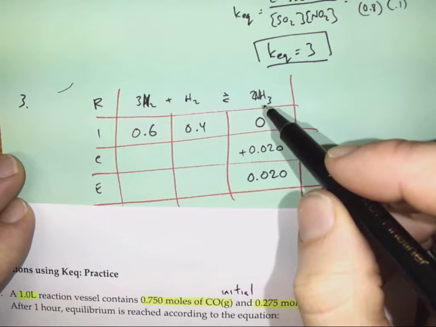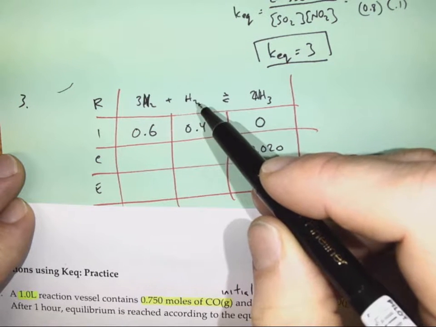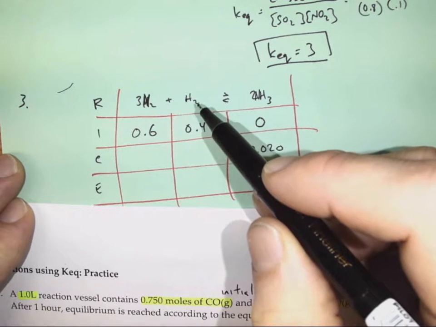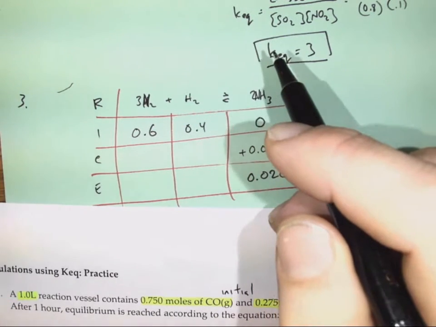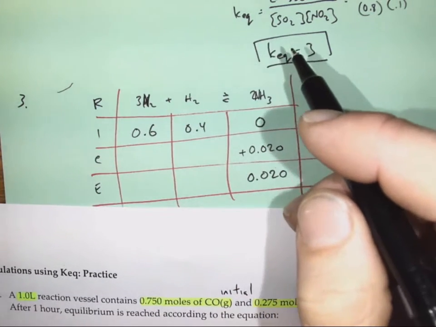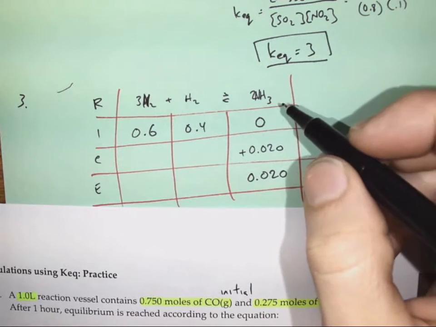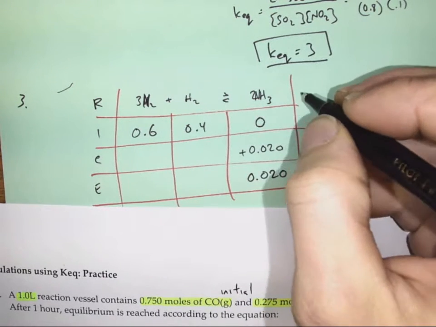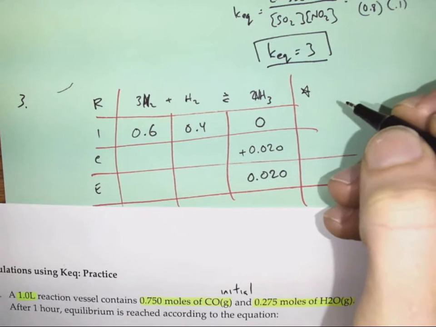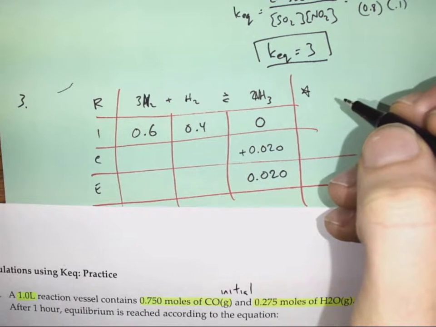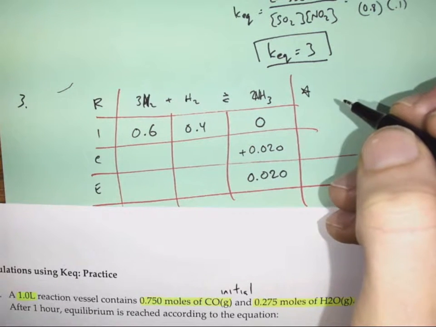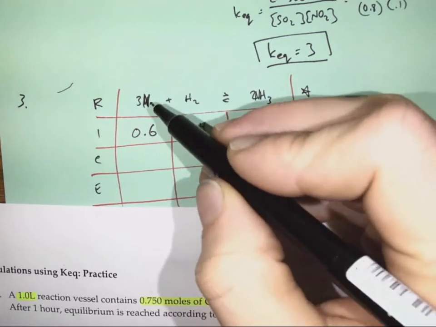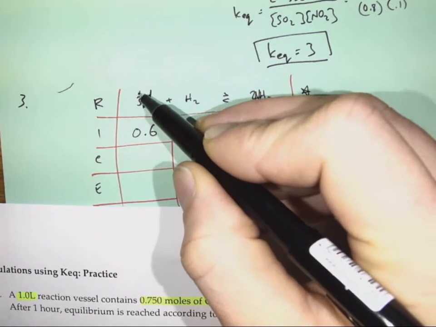wait a second, this isn't balanced. Oh gosh. Well, if you didn't notice, this was not a balanced reaction. Oh no, we used the same reaction twice. Okay, that's fine. It really should be a nitrogen.